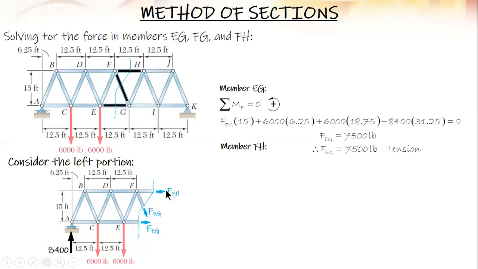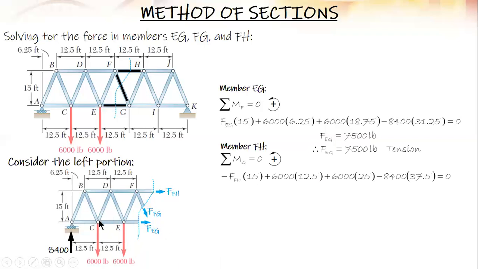Member FH. Dire. So sa FH, you will sum up moment sa intersection sa other two forces, FG and EG, which is joint G. So dili ka mag-moment sa G, and you have this equation. FH is clockwise and negative sa distance 15. 6,000 counterclockwise, the distance is 12.5.